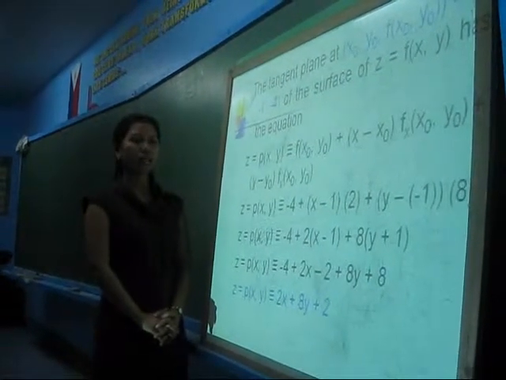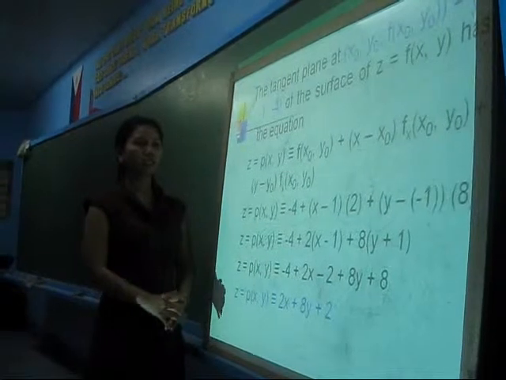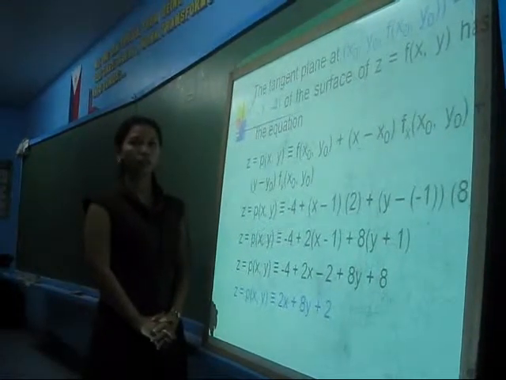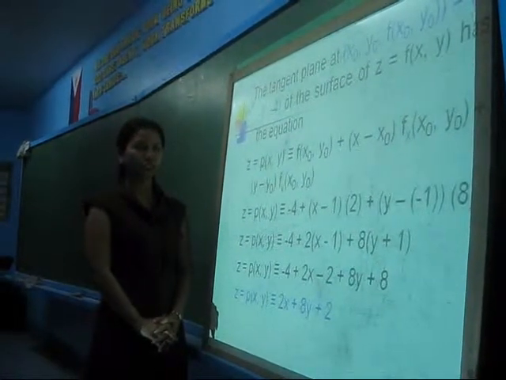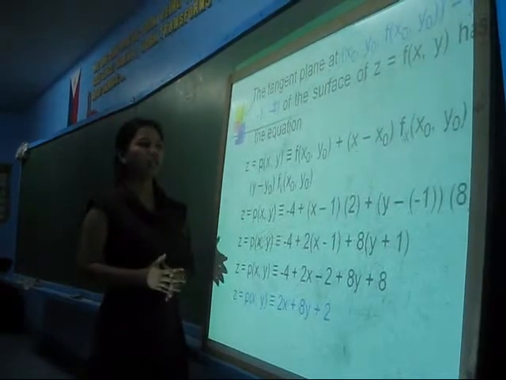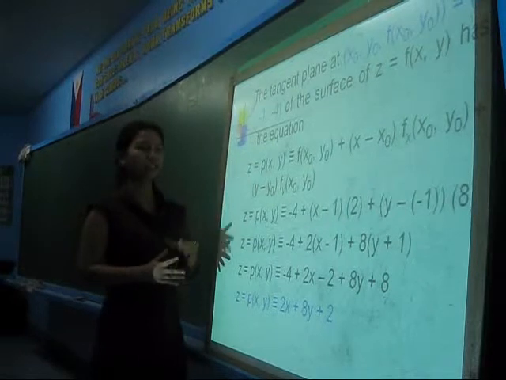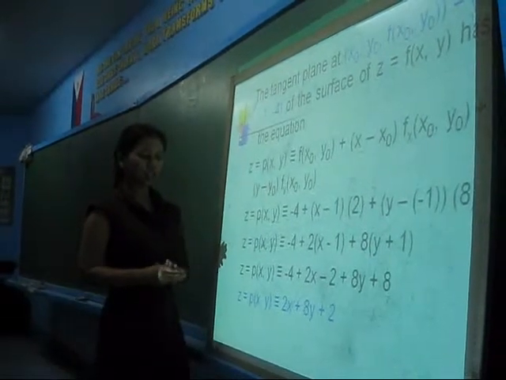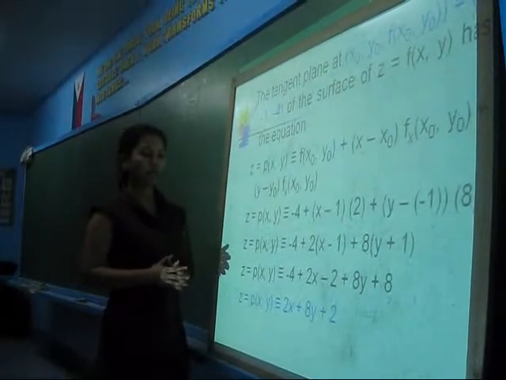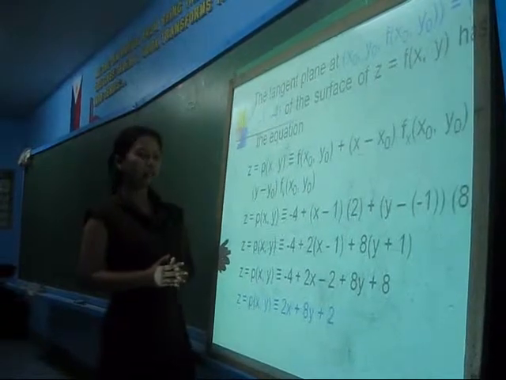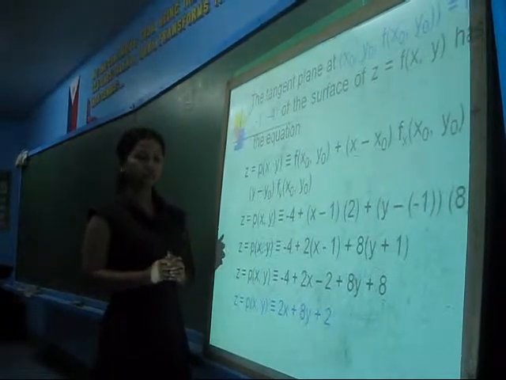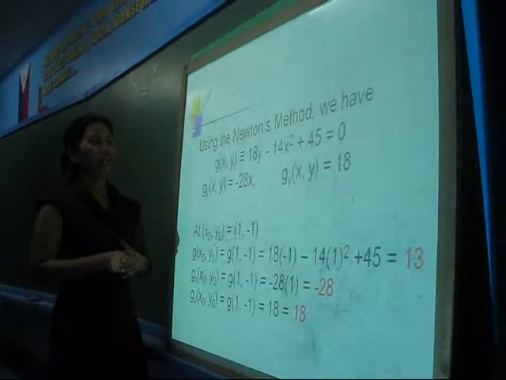Substituting the values that we solved earlier into the formula, the result is z is equal to p of x and y, which is identical to 2x plus 8y plus 2.